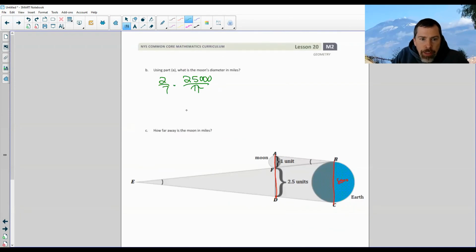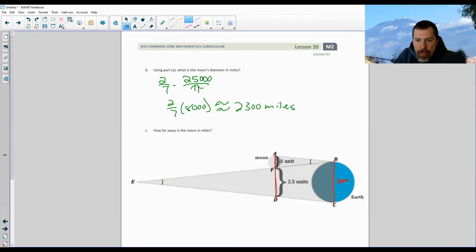So really what we're doing is taking 2/7 of 8,000, which equals 16,000 divided by 7. And that comes out to be about, with approximations, 2,300 miles. Okay, so the moon's diameter is approximately 2,300 miles.